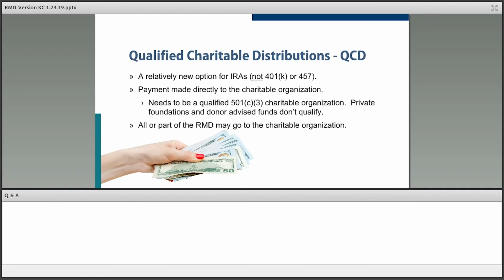As you see on the last bullet point of the slide, sometimes people will ask, if I do a qualified charitable distribution, does all of my minimum required distribution need to go to that charity, or can I just do part of it? And you absolutely can just do part of it. Let's say, for example, maybe you had your favorite organization that you wanted to give half of your minimum distribution to. You could do that and then receive the other half as a withdrawal in that year.